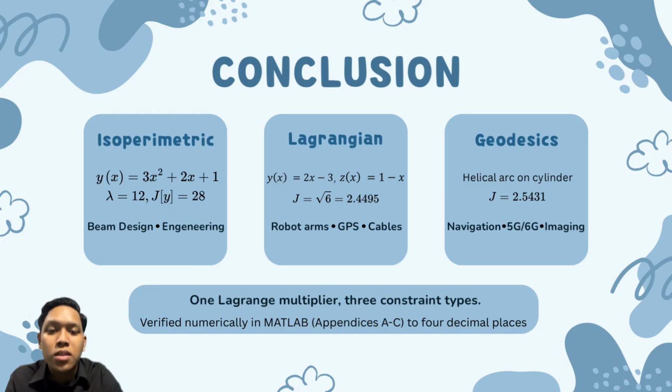On the curved surface, that same idea gave a helical geodesic instead, about 2.54. All three were confirmed numerically in MATLAB to 4 decimal places, and the same method drives real systems too: beam design, robotics, GPS, even medical imaging. One multiplier, 3 problems, one unifying idea.